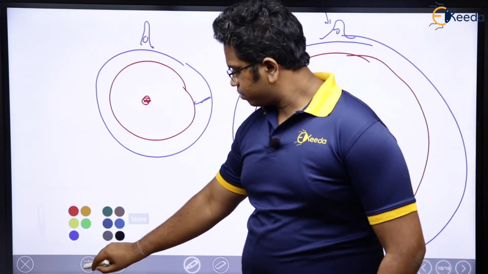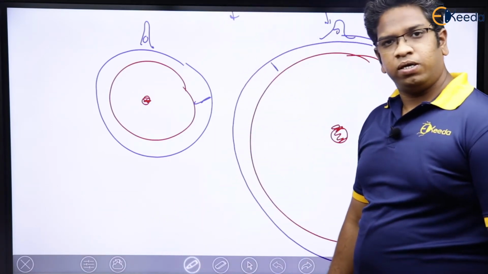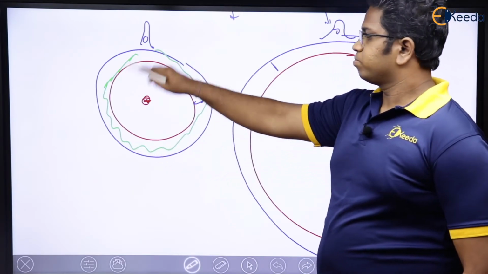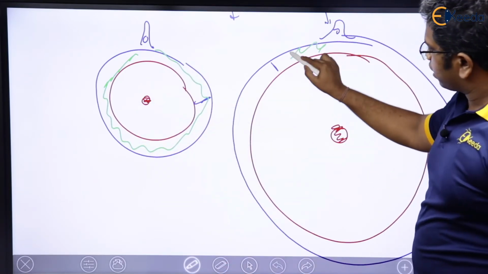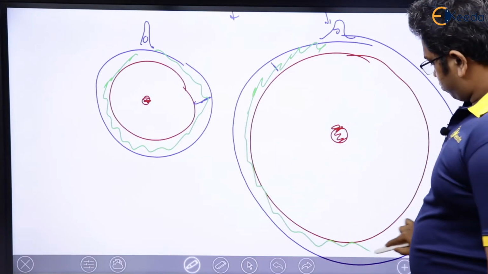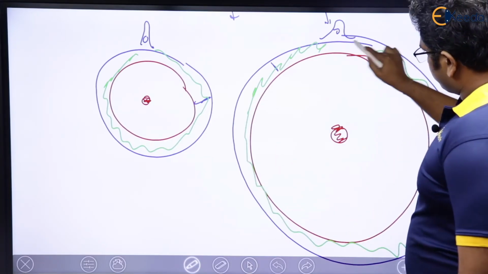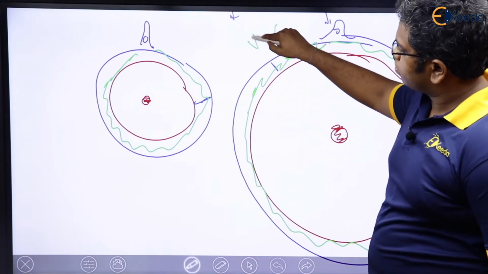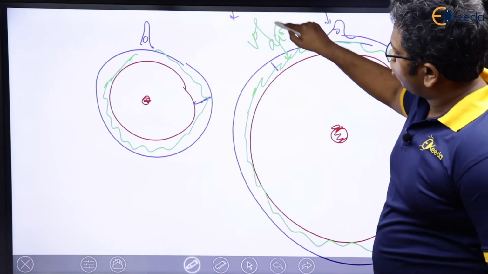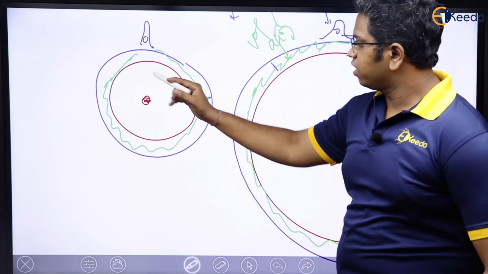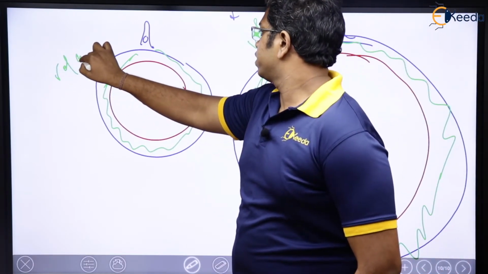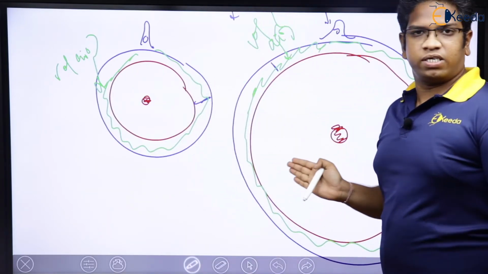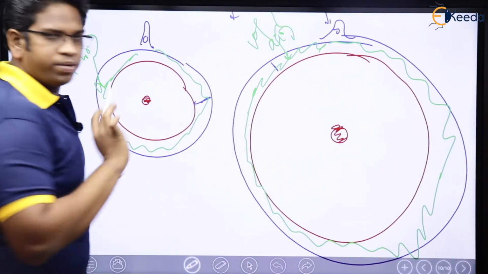But if you think of the total air contained here, and the total air contained here, you can clearly see that here the volume of air is more. Whereas here, the volume of air is going to be less. By observation itself, right? Just observe these two images.